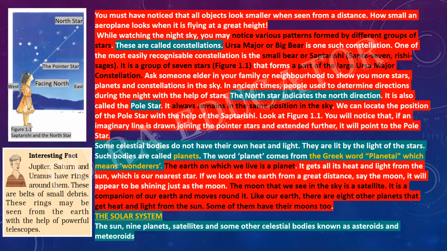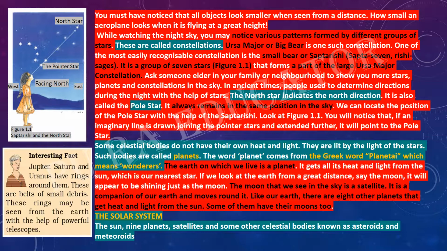Now we'll make the concepts of other celestial bodies clear. Celestial bodies which do not have their own heat and light, and they get light from the sun or stars, are known as planets.